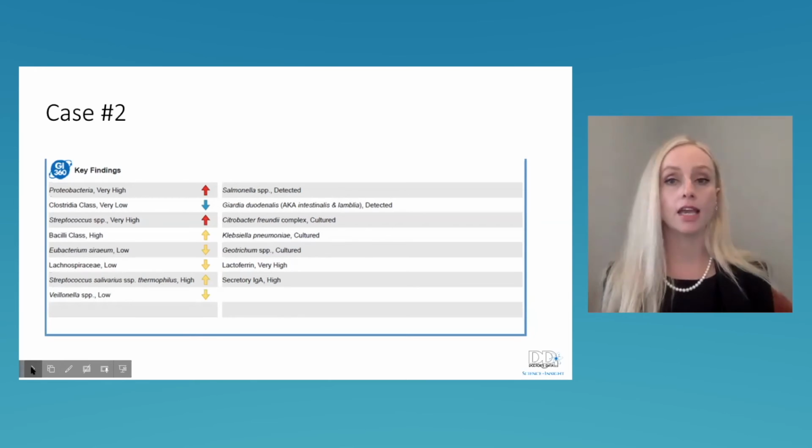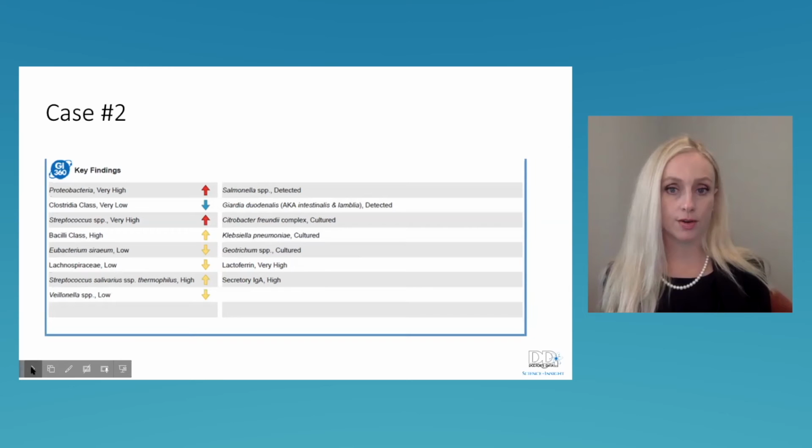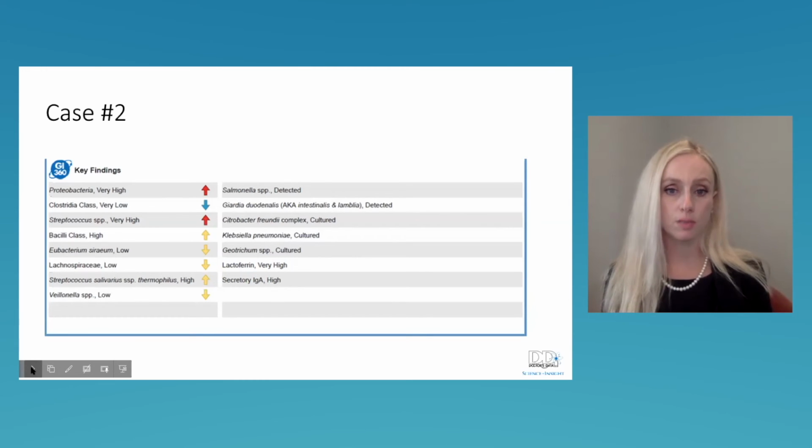So this is not a case where we're thinking we want to decrease the secretory IgA. We want to address the underlying cause of the secretory IgA elevation, right? And we can see there are definitely significant findings that would be appropriately mounting an immune response, okay?